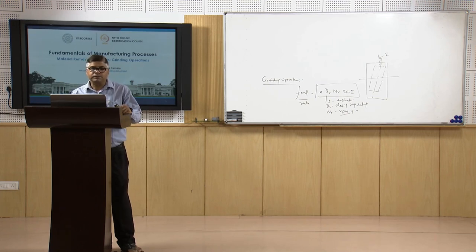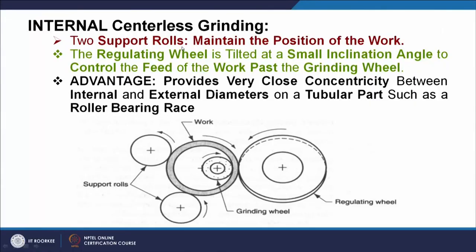So we need to regulate the diameter, RPM, and the angle of inclination to get the desired feed rate. Now the internal centerless grinding process uses two support rolls, and between them one regulating wheel. The workpiece is placed between the regulating wheel and the two support rolls, and the rotation of the regulating wheel governs the rotation of the workpiece on the support rolls.